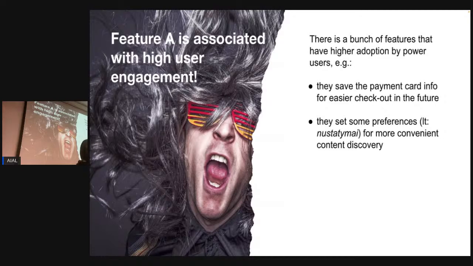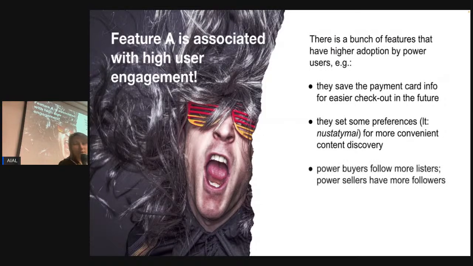So for example, they might set up their preferred brands or sizes. The third one, we know that the power buyers follow more listers and power sellers have more followers. So it's also quite a clear relationship.